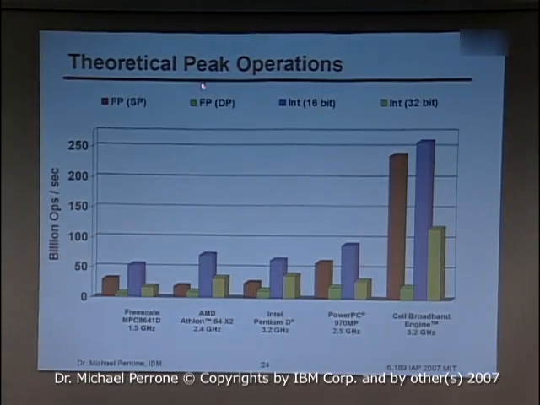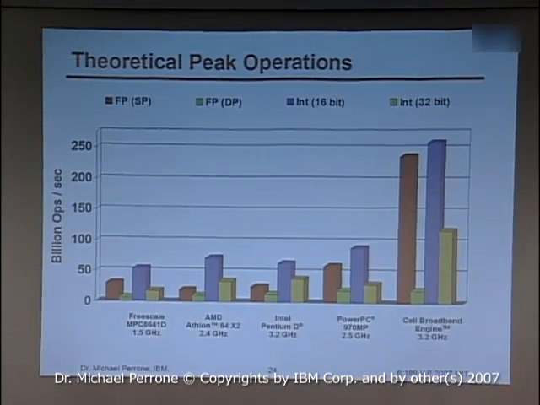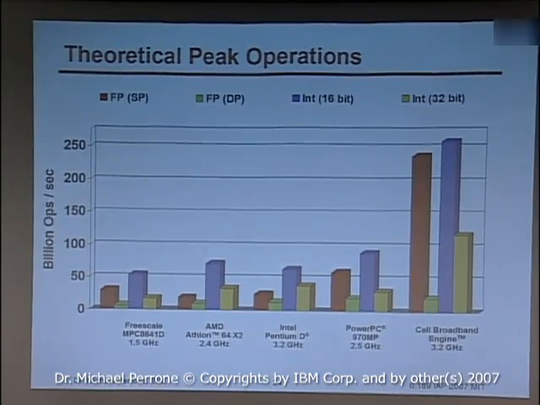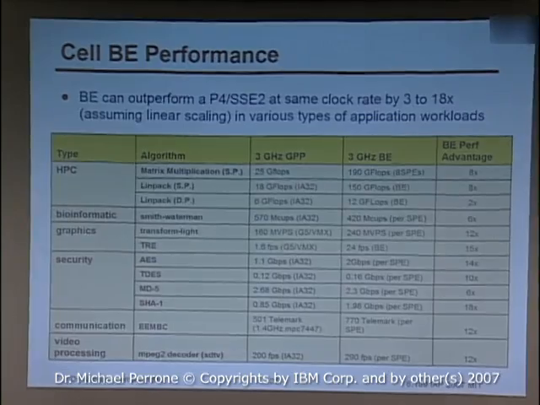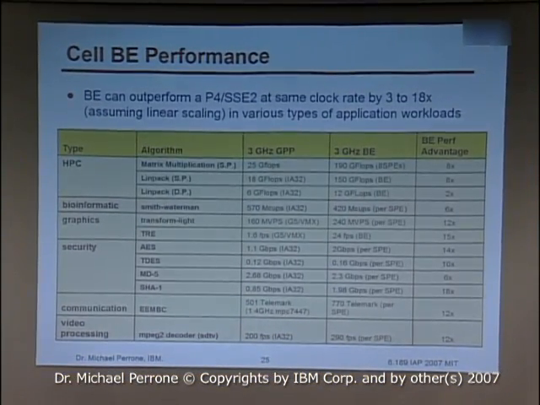Here's a comparison of theoretical peak performance of cell versus Freescale, AMD, Intel over here. Very nice. That's the wow chart. That's theoretical peak. This is in practice. I don't know if you can read these numbers, but what you really want to focus on is the first and last columns.